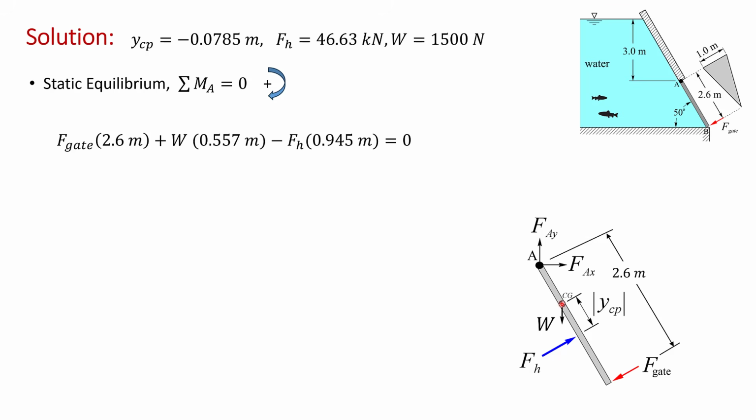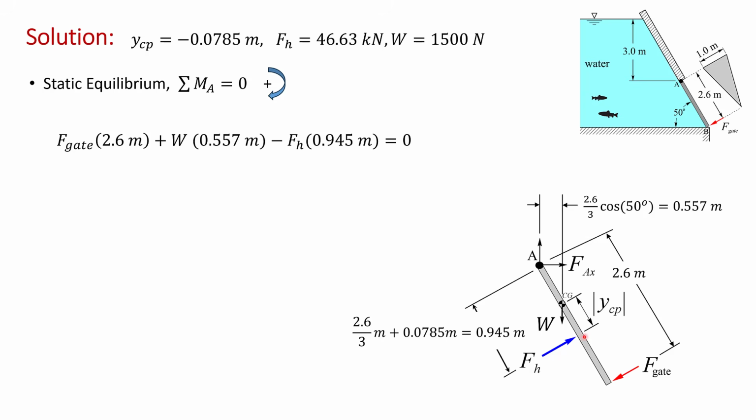The weight acts at the centroid, which is 1/3 the distance down the triangle. So this distance here, the horizontal moment arm, is 2.6 meters divided by 3 times the cos of 50 degrees, which is 0.557 meters. The hydrostatic force acts in the counterclockwise direction, so it's negative.